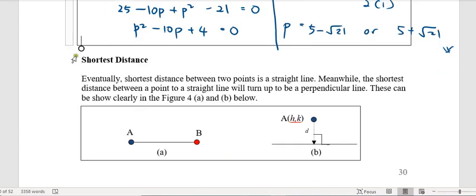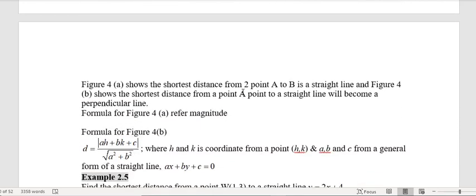Okay, so let's start with another subtopic, that's shortest distance. As I mentioned just now, shortest distance is between a point and a line. Let us go to the formula involved.